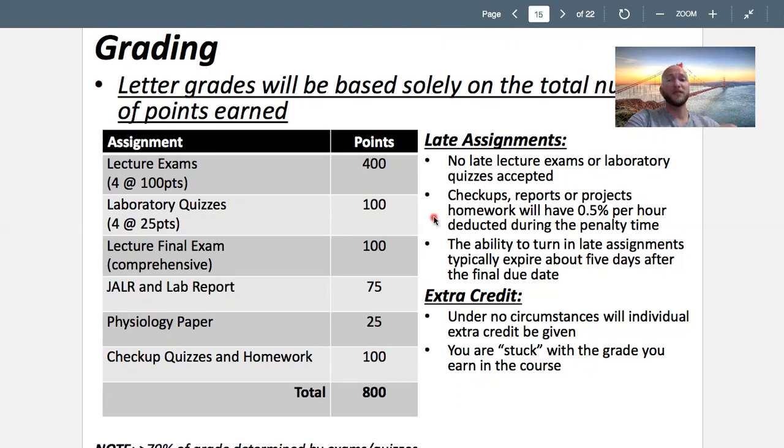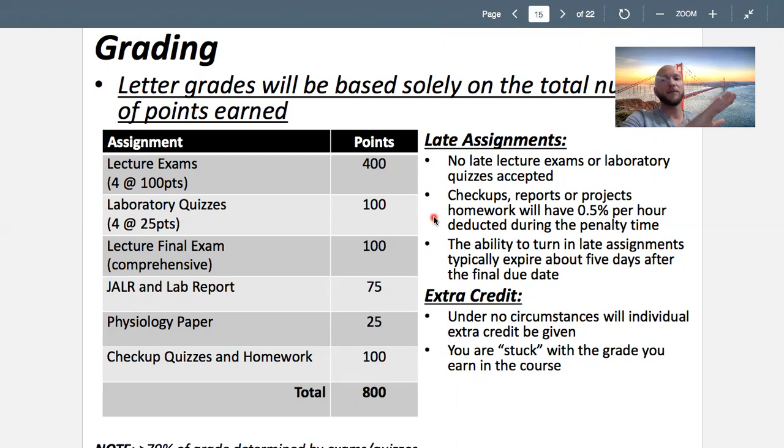After the penalty date, you will start losing 0.5% every hour. That's 12% a day. The third date is the end date.